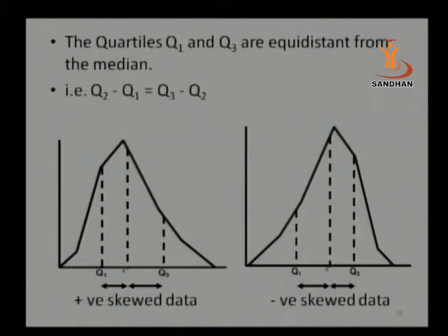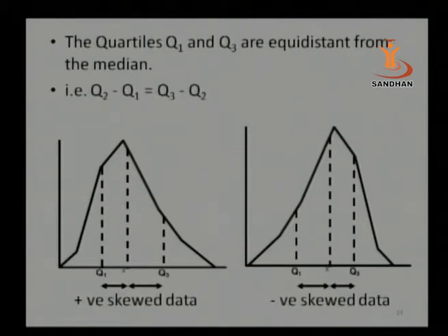Okay, now let us see the quartiles property. The quartiles Q1 and Q3 are equidistant from the median. It means that the distance Q2 minus Q1 is equal to the distance Q3 minus Q2. In either case, if your data is following a non-normal distribution, you may have positive skewed data as well as negative skewed data.